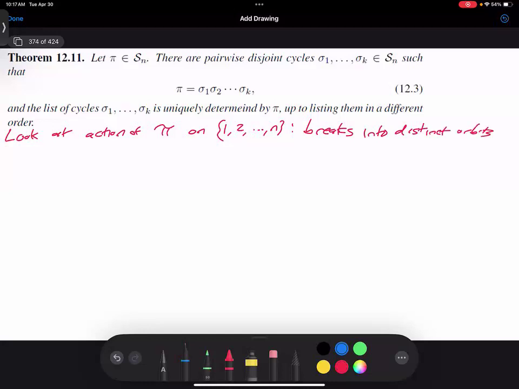So for example, and this is going to be proof by example, let's say 1 goes to 3, goes to 7, goes to 18, goes to 9, goes to 6, goes to 1. So I look at all of the applications of pi to 1, to pi of 1, to pi squared of 1, and so on and so on. And that's going to give me my first cycle. What's the next number I should look at?